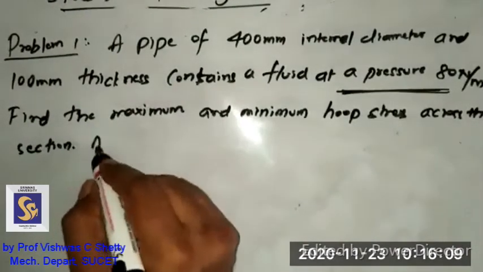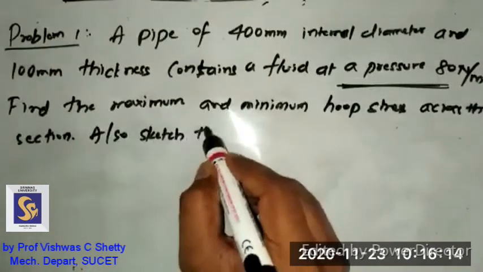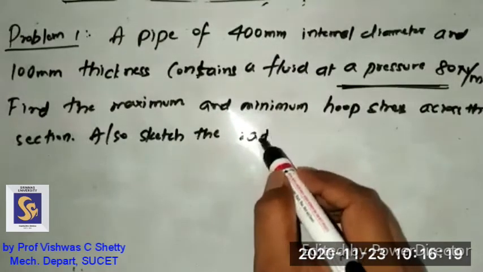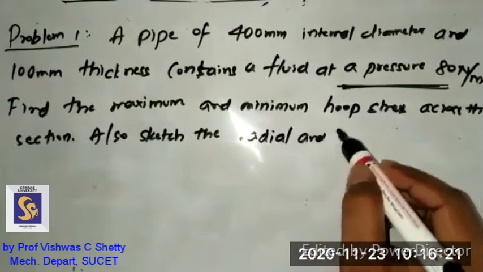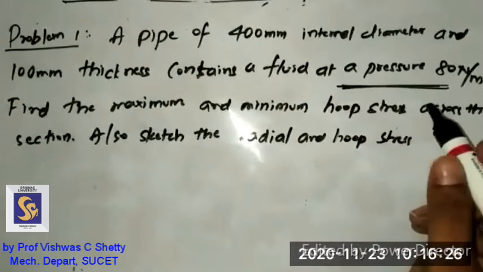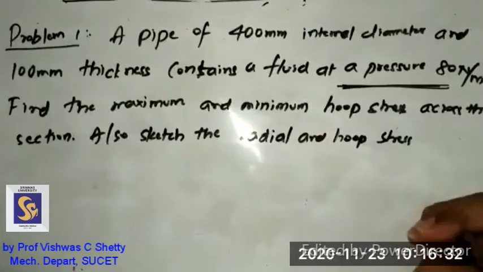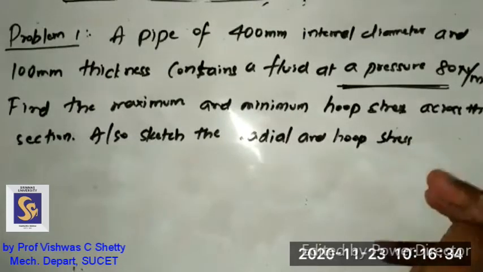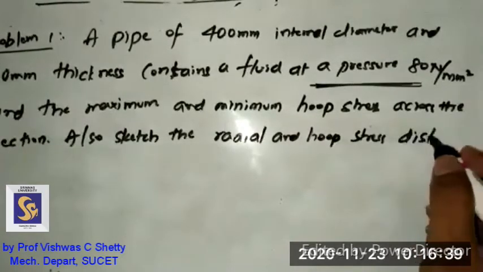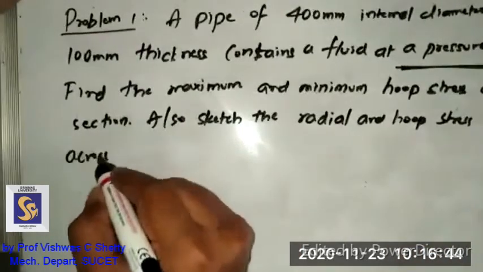Also sketch the radial and hoop stress distribution across the section.